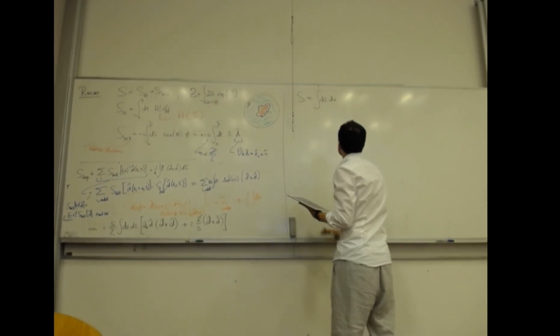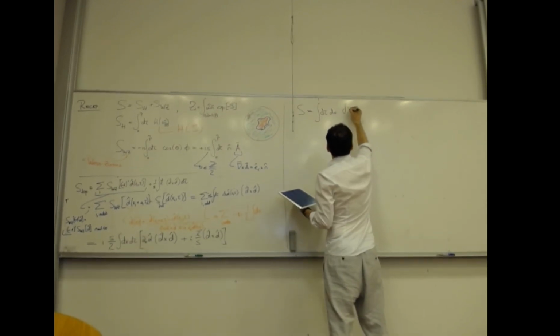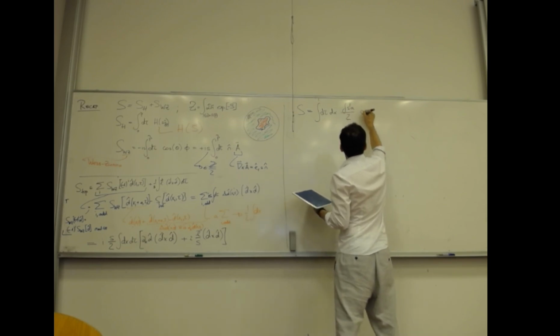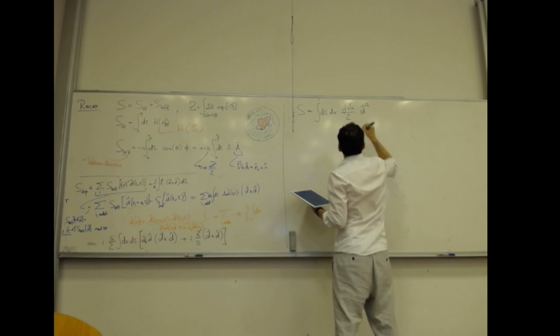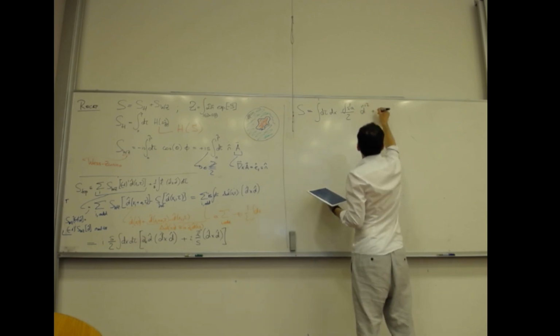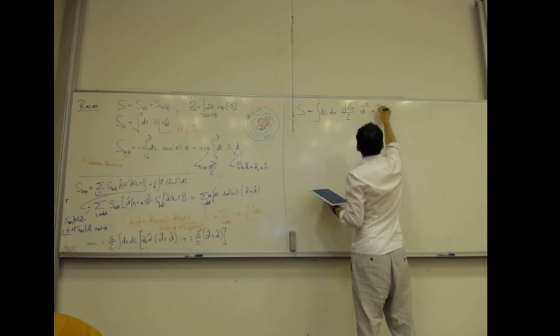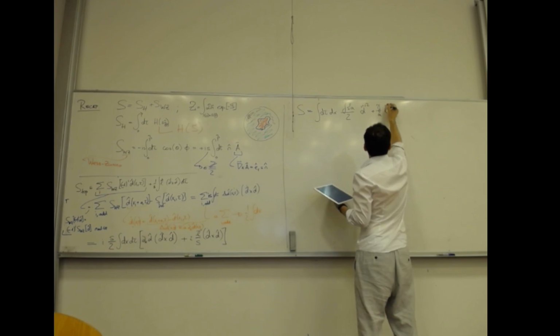So we have J S squared a over 2 times b prime squared plus 2J over a times L squared.